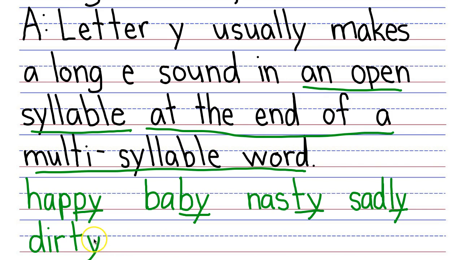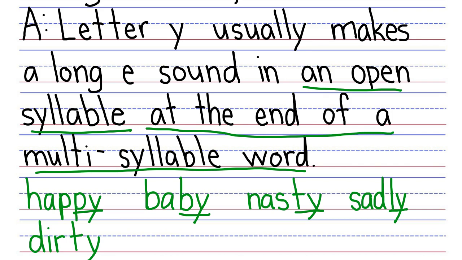So this is a vowel Y. It's an open syllable because the syllable ends in Y. And that's at the end of a multisyllable word. This is a 2-syllable word, which makes it a multisyllable word. So the Y will usually make the long E sound E. Dirt, E, dirty.